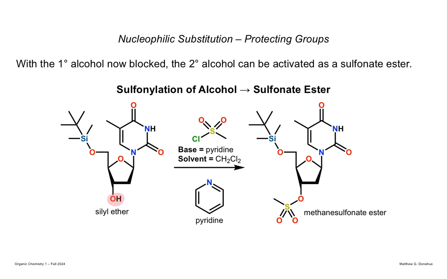So we have to transform it into a good leaving group by removing or substituting the H. So this H then gets substituted for that. And now the whole thing is a good leaving group. So those were the sulfonate esters that we learned about.